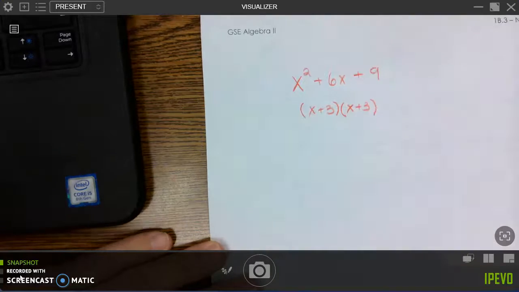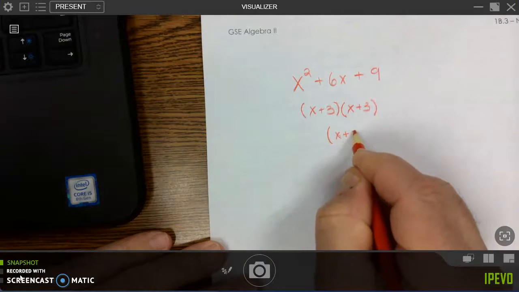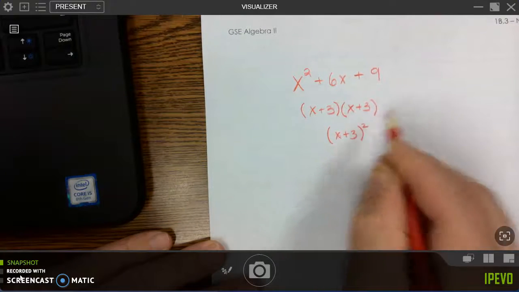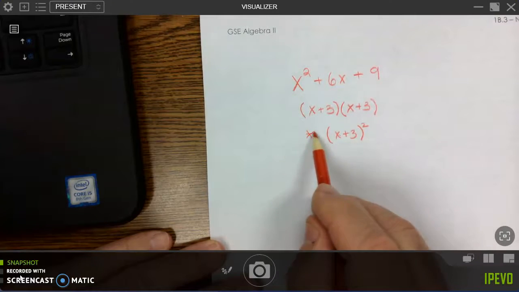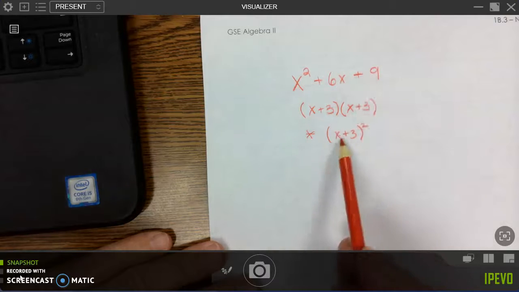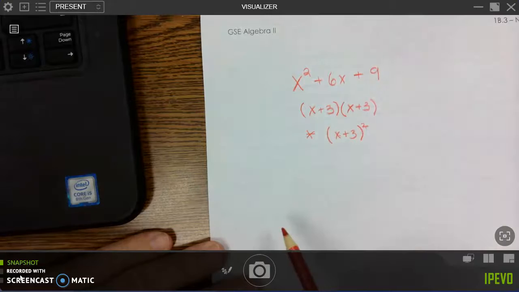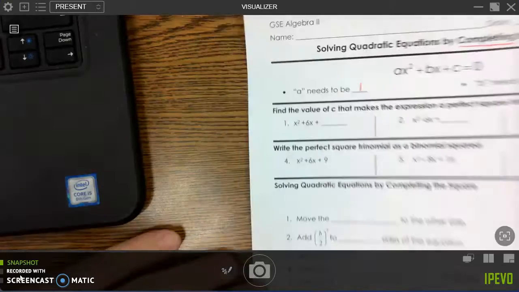Okay, those are the magic numbers. And when you're all said and done, you can write it like this. And this is what is important. That's what makes this a perfect square trinomial, because you can factor it into a perfect square. Okay? So, let's flip it back over.